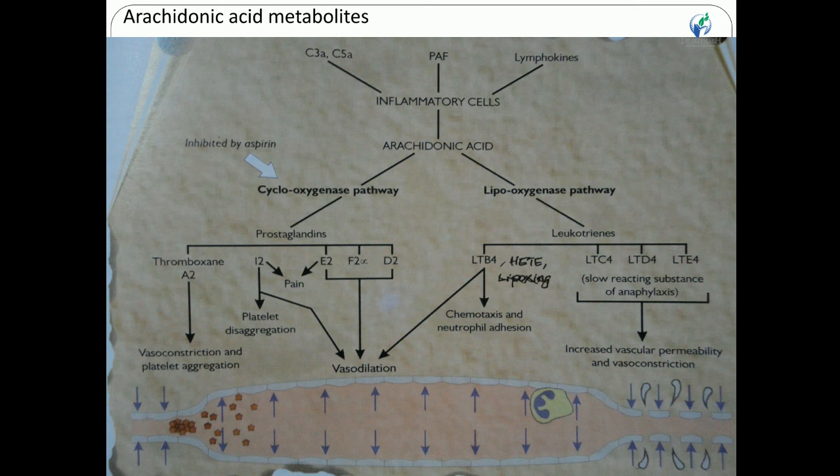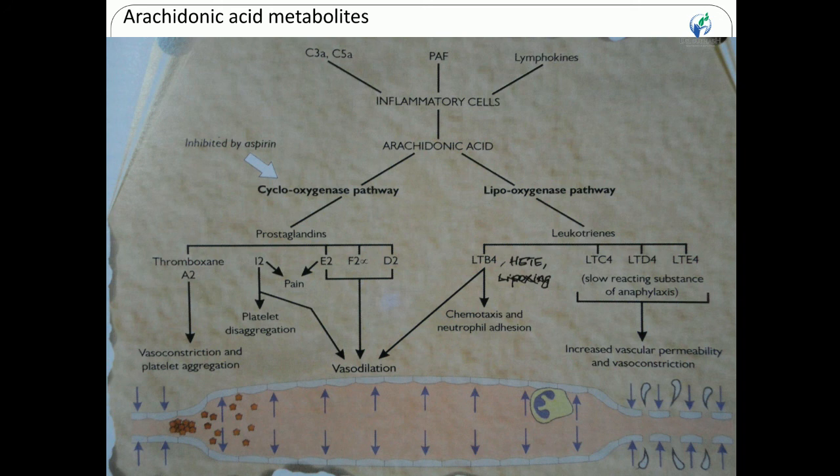While considering the cell membrane, whenever any cell undergoes damage or lysis or rupturing, the cell membrane has arachidonic acid. From the cell membrane, that arachidonic acid will be liberated or released, with the help of certain enzymes like phospholipases.